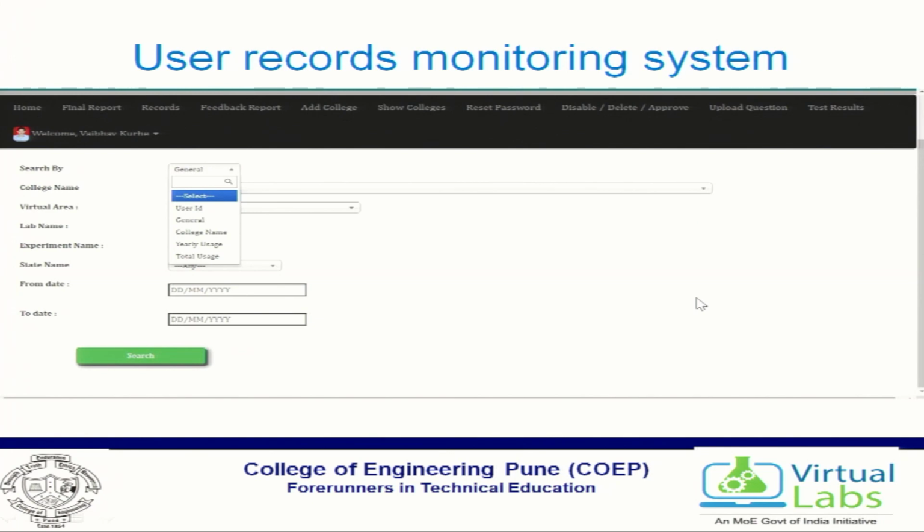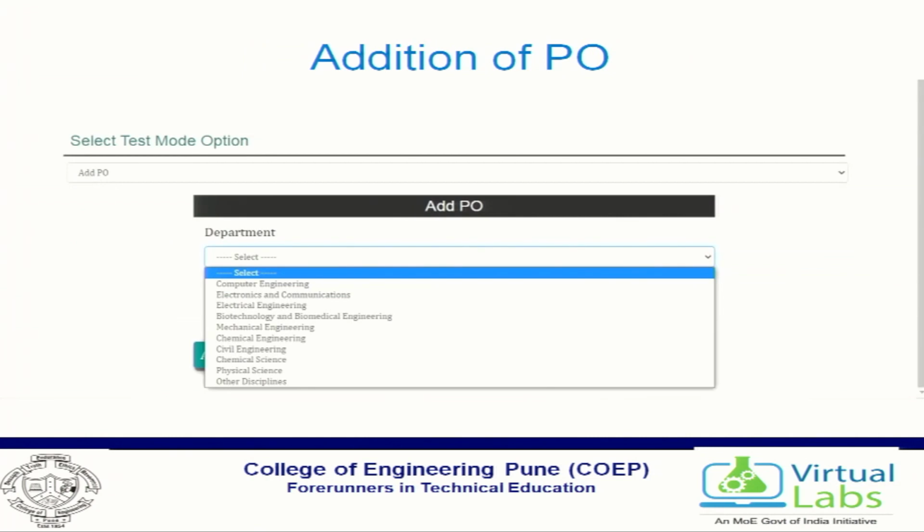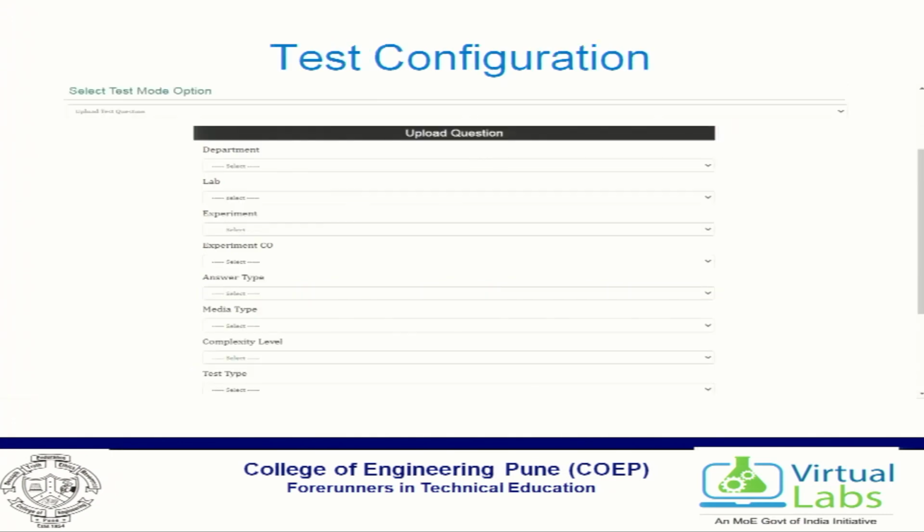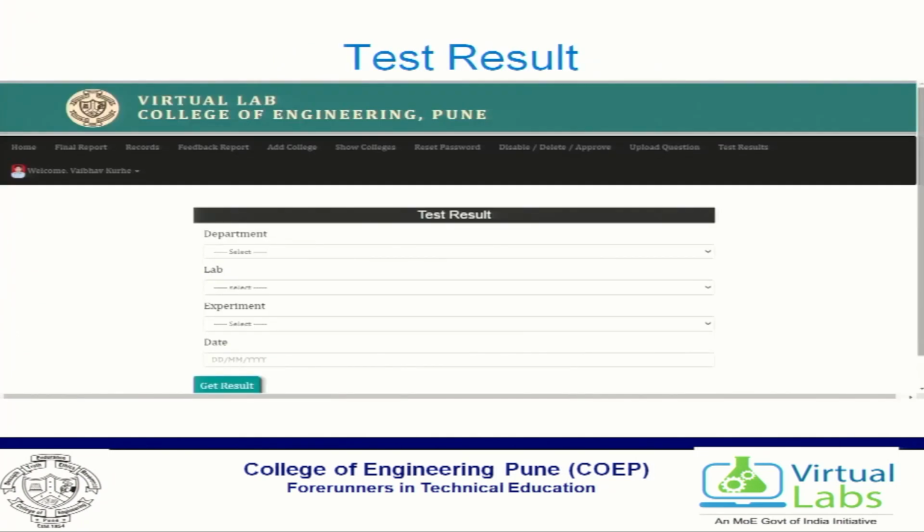So, after this presentation, there is a CO-PO mapping, as I have told you. You can add PO, you can add CO for each experiment that is available to you. You can configure a test from the question bank which you have. You can generate the test result, and these test results would be available to a student also.